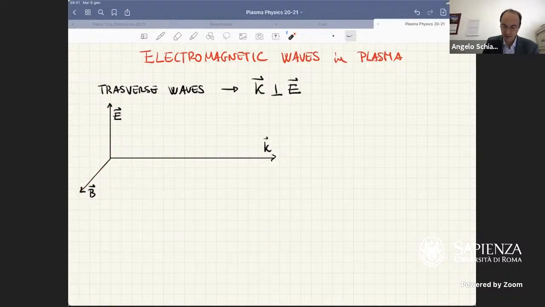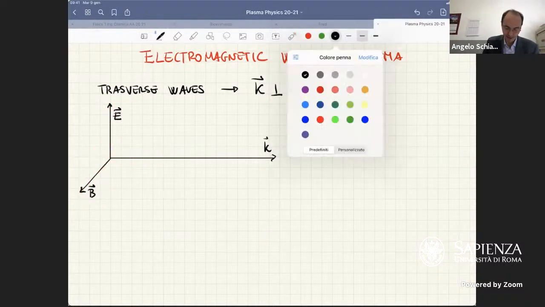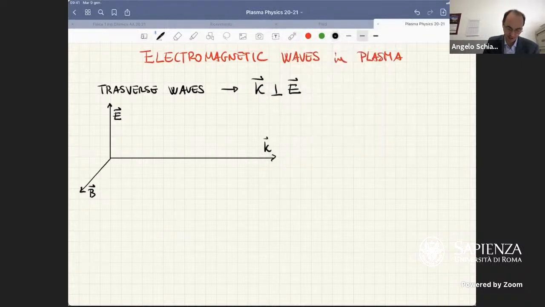So let's represent the electric field oscillation. Let's take some periods here, like that. And the electric field is oscillating in its own plane, like that.